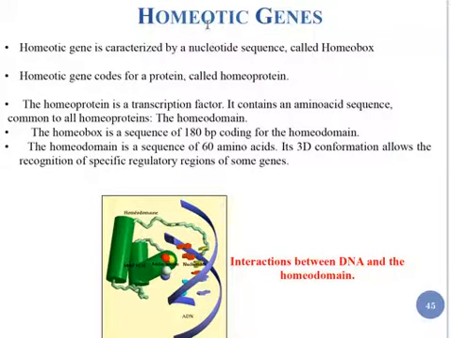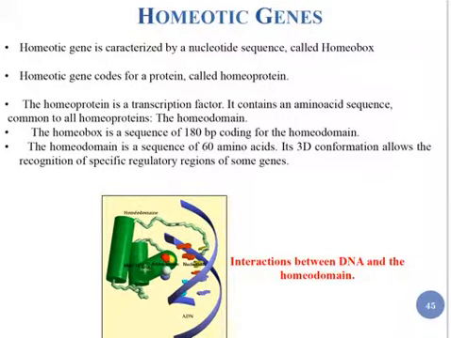So briefly, if you look at the homeotic genes, they have a nucleotide sequence called homeobox. These genes encode for proteins called homeoproteins.